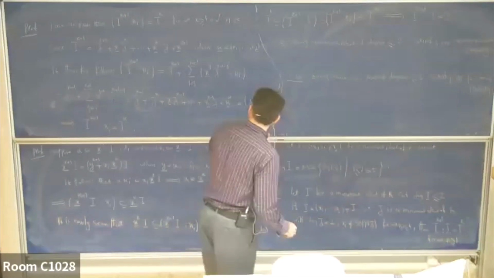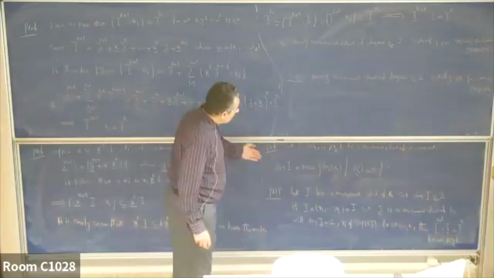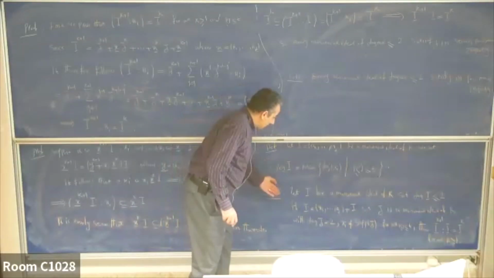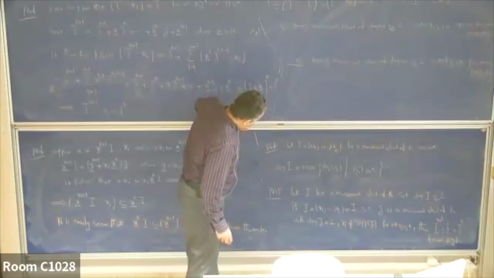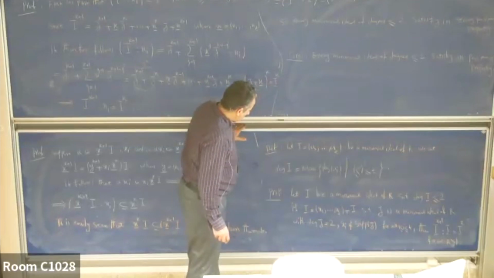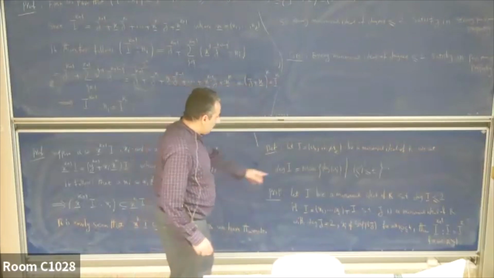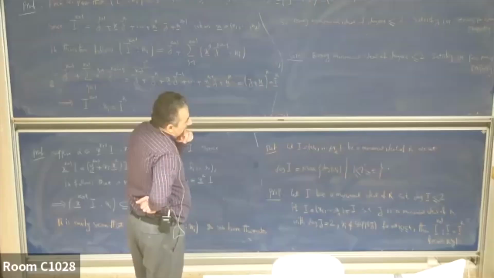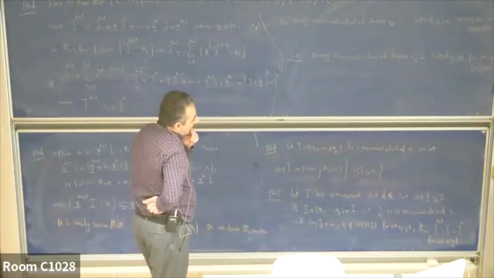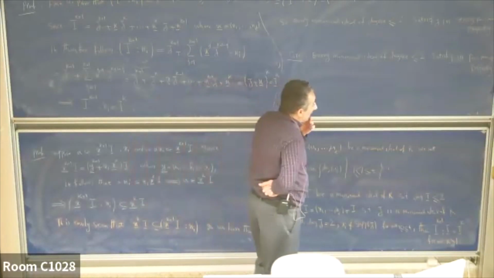We have the theorem: I generated by degree less than or equal to 2, we prove that this is true. And for degree bigger than 2 it is not true in general.